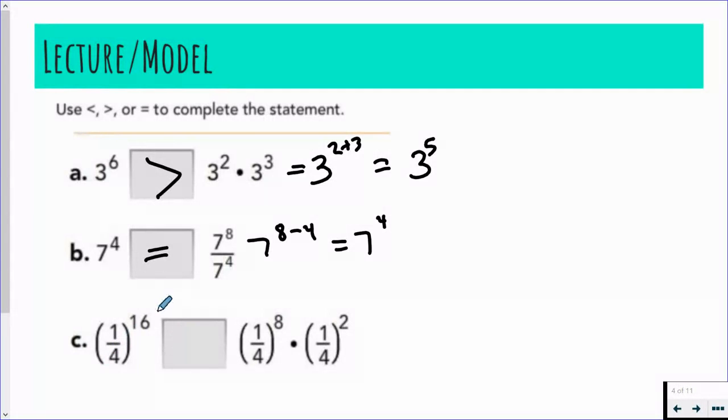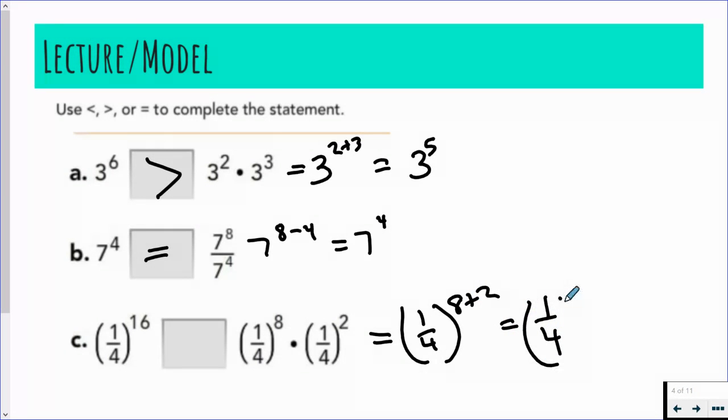All right, I have 1/4 to the 16th power and 1/4 to the 8th times 1/4 squared. I am multiplying the same base, so I'm going to add the exponents. This would be 1/4 to the 8 plus 2, which would be 1/4 to the 10th power. So I know that 16th looks like it's a bigger exponent, and that would be bigger.